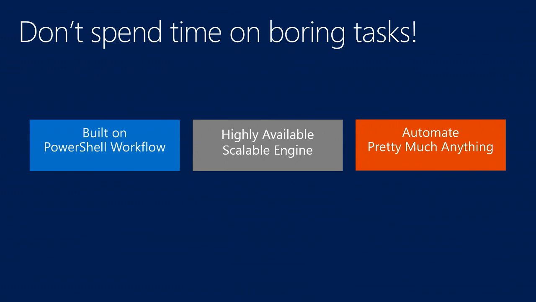It's built on PowerShell workflow, which means that if you know PowerShell, you have a pretty good idea of how to use this stuff already. It's a highly available and scalable engine, so you don't need to worry about any of the underlying infrastructure to actually run this stuff. Azure actually handles all that for you. You just need to tell it which runbooks you want it to run. And it allows you to automate pretty much anything. It's pretty cool. Go have a play with it.